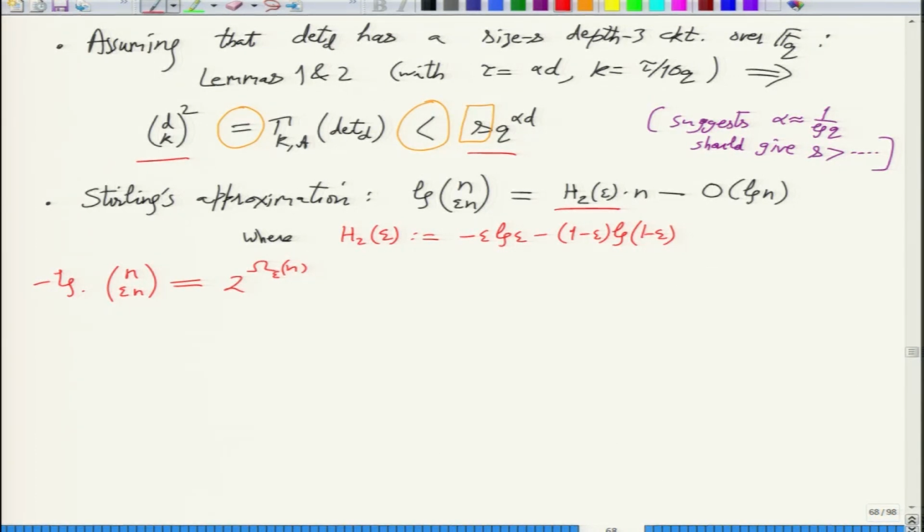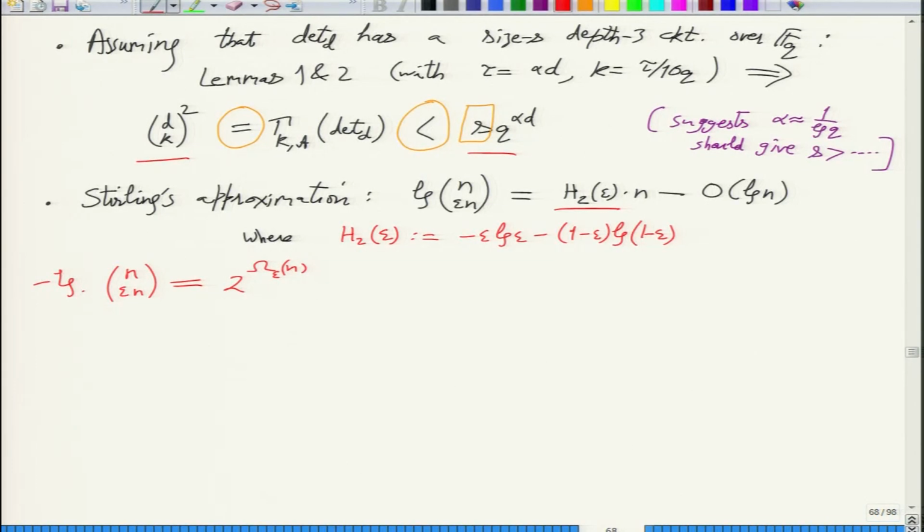Okay, so if epsilon is for example half, right, then this is coming out to be around 2 raised to n, and then in the exponent the minus error term is very small. It's something like 2 raised to n, the whole thing divided by square root n.